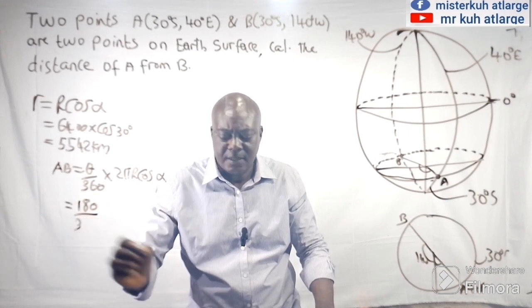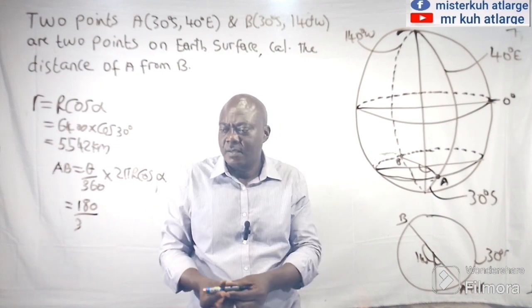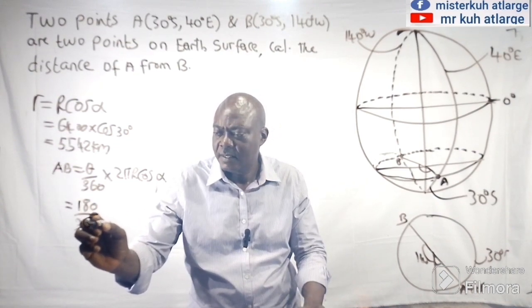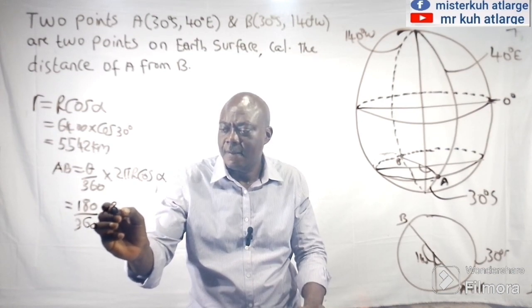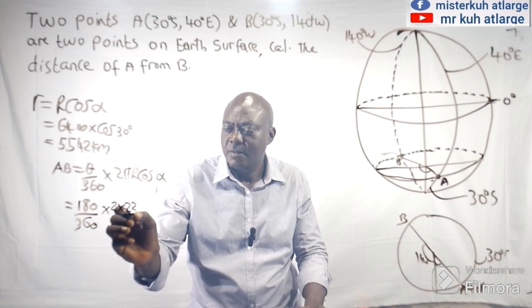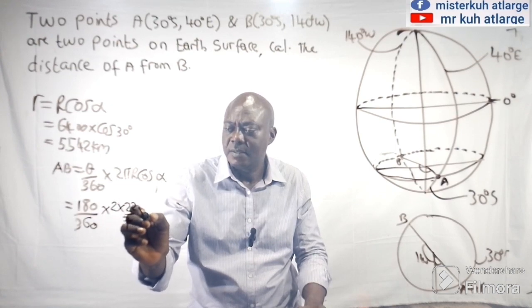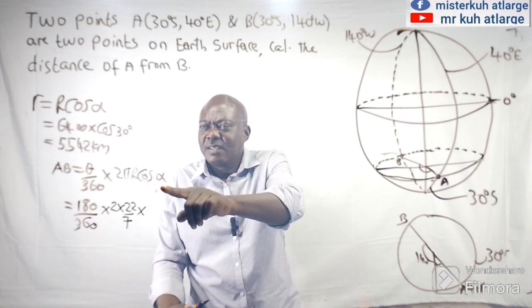over 360 times 2 times 22 over 7 times r cos alpha.